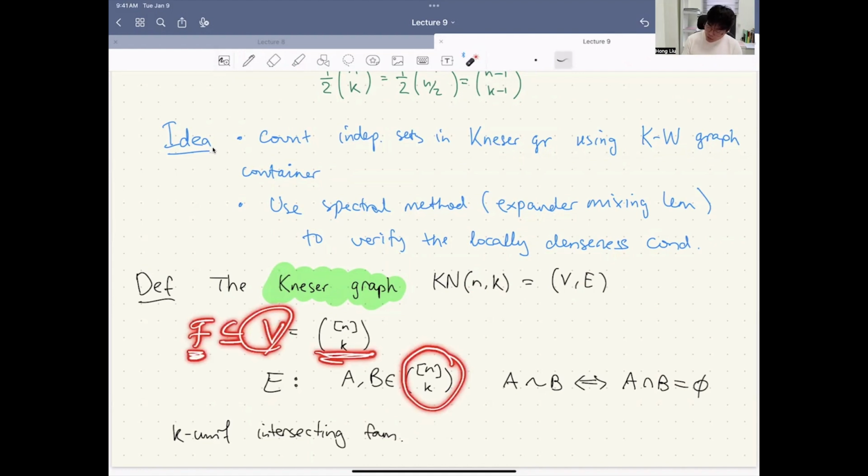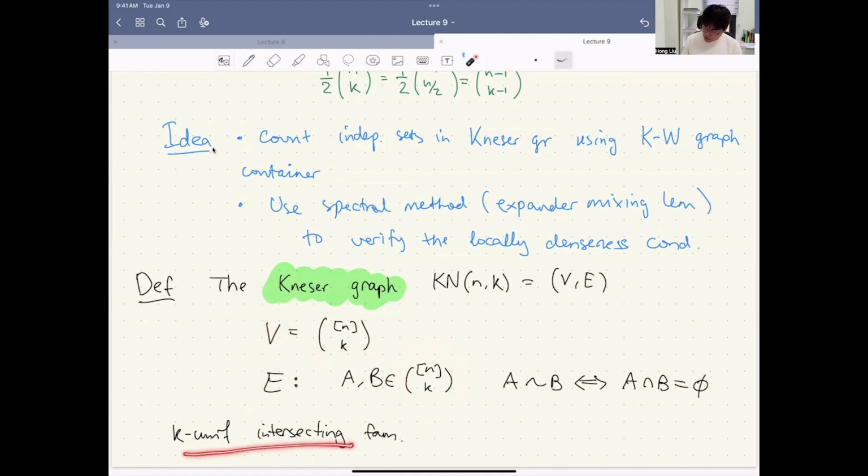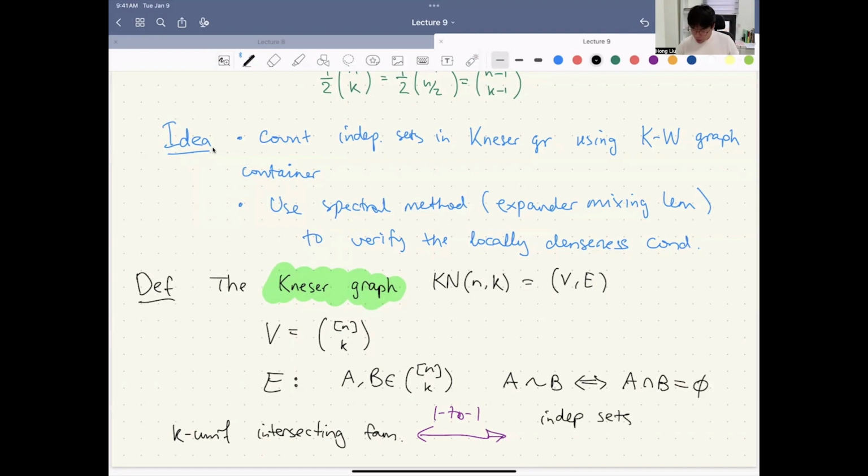Now, what's special about this set of vertices? We know they are intersecting, so pairwise they are not disjoint, meaning that pairwise there's no edge between them. So every k-uniform intersecting family corresponds to exactly one independent set in the Kneser graph. So there's a one-to-one correspondence between intersecting families and independent sets in the Kneser graph.